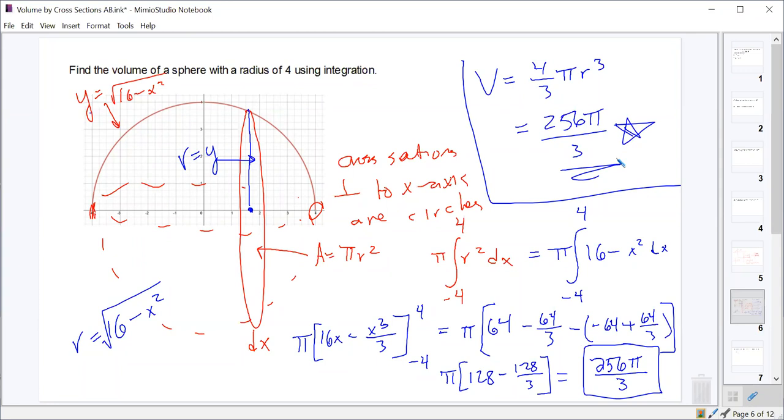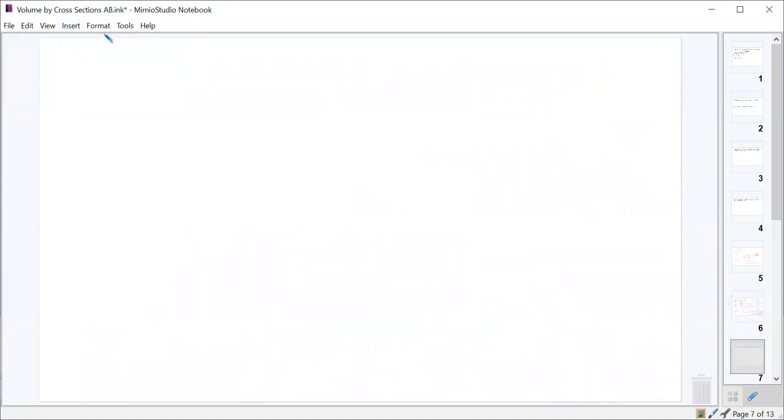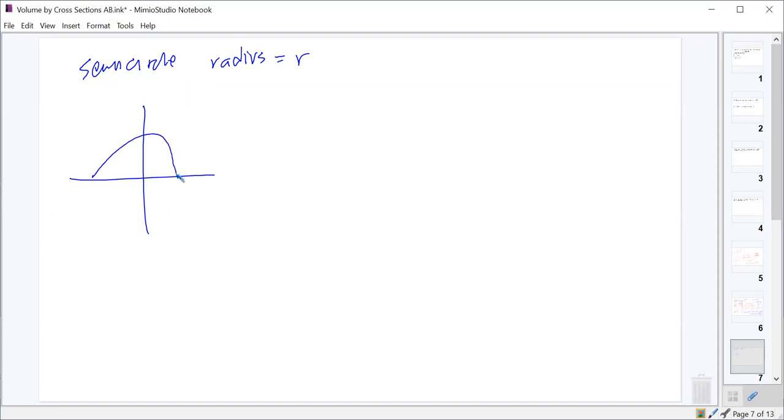So kind of cool that the formula gives us the same thing. Now, let's think for a moment. Let's see if we could do something even cooler than just taking a semicircle with a radius of 4. What if I just said that my semicircle had a radius of r? There's my semicircle with a radius of r.